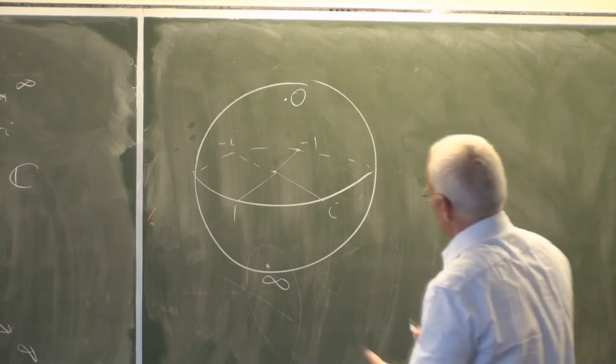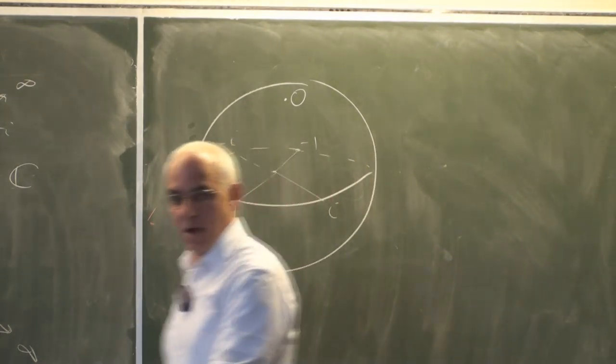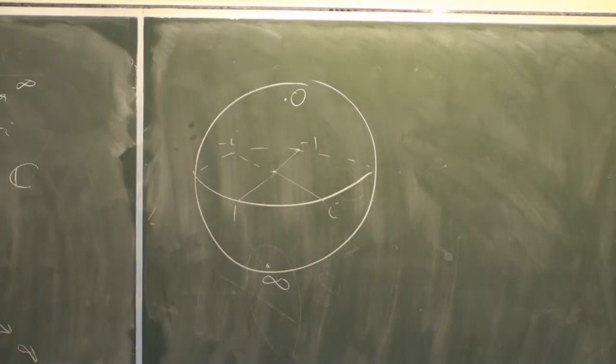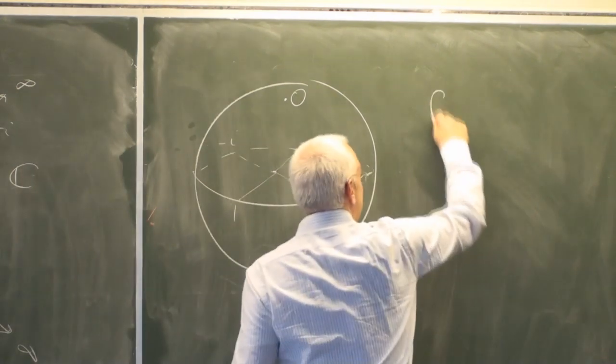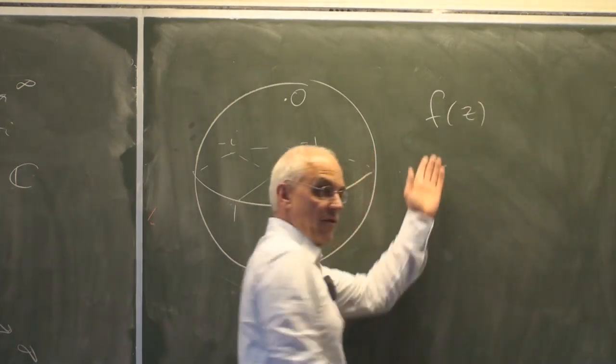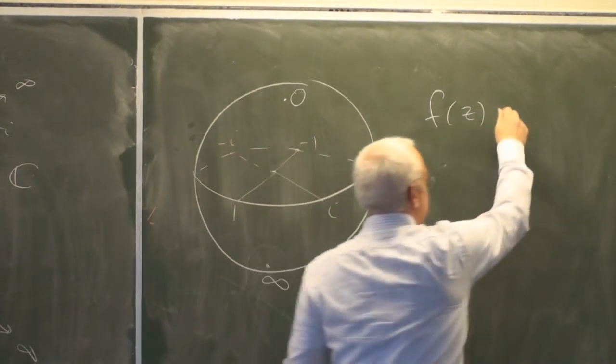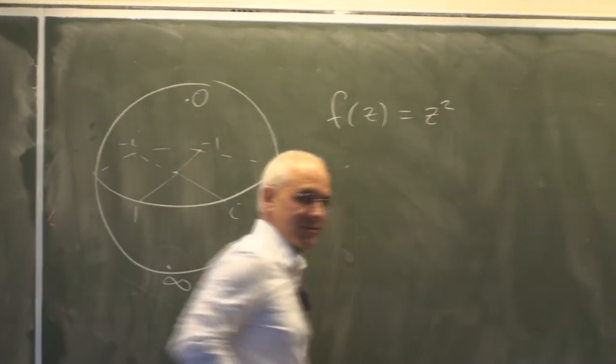All right, so this is another picture of the complex plane. But Riemann realized it was a very good picture for a number of reasons. And this is not a course in complex analysis, but we'll just mention that a lot of functions, which is after all what you study when you study complex analysis, you study functions of a complex variable. For example, let's take a simple one, z squared.